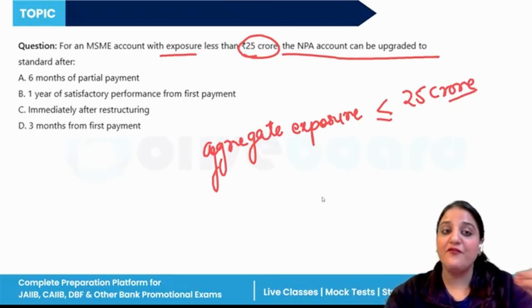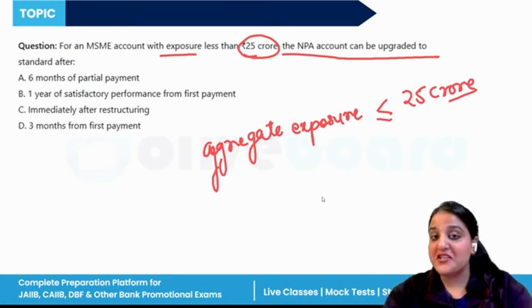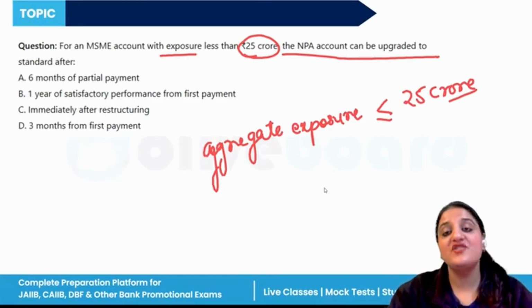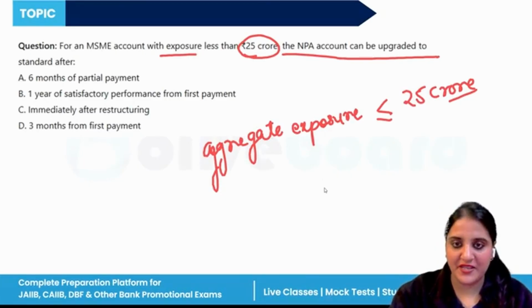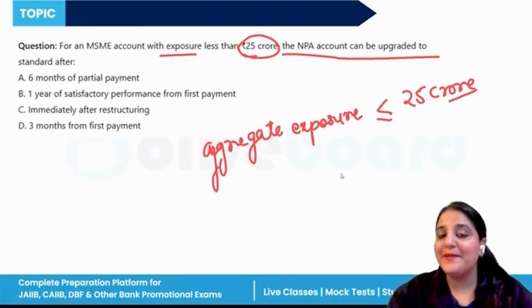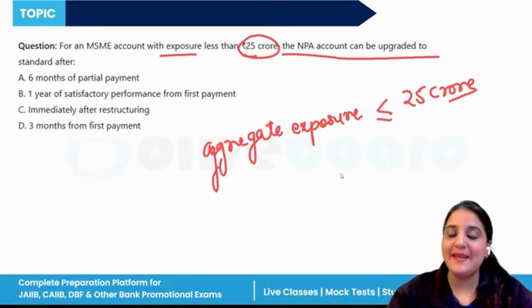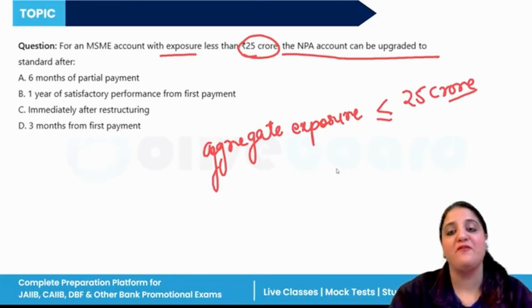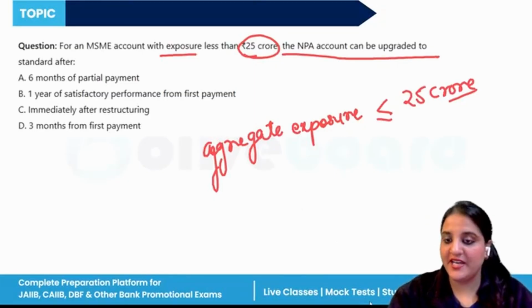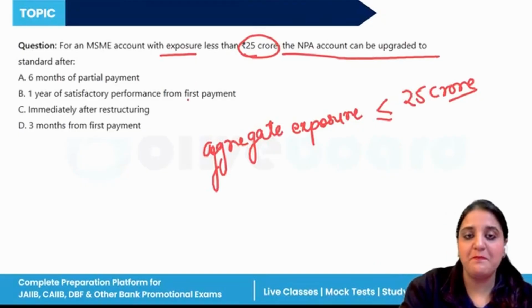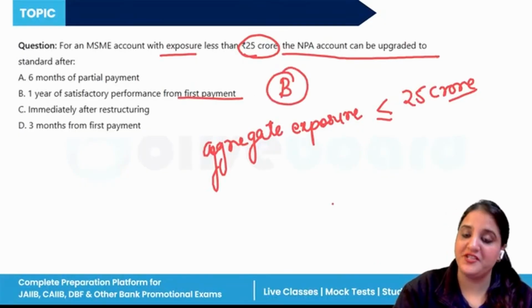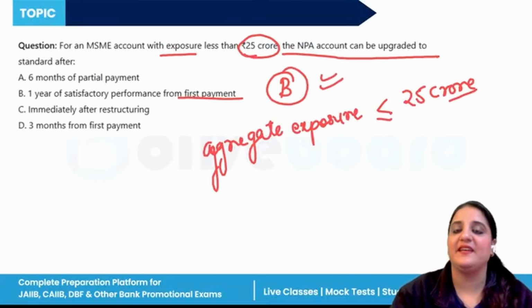The specified period is 1 year from the first payment of interest or principal under that restructuring package. So RBI mandates that an MSME NPA must demonstrate satisfactory performance for 1 year before upgradation. So the correct answer is option B, 1 year of satisfactory performance from the first payment. Option B is correct here.